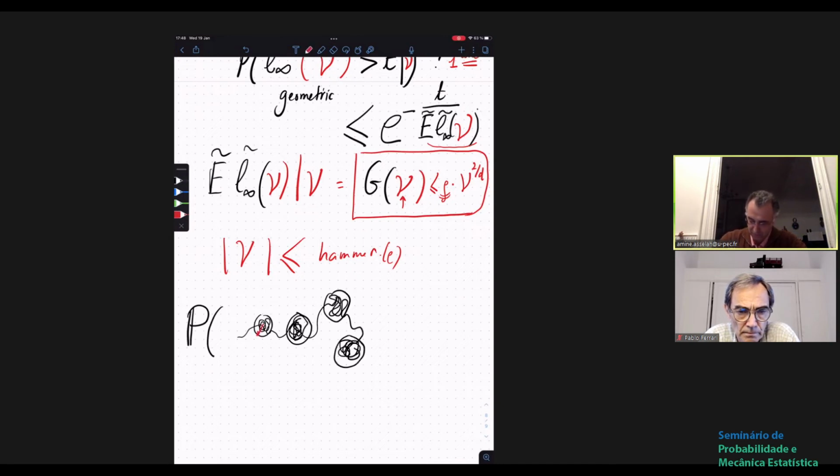All the balls are of radius r. You have k of them. You don't know where they are. You just know that one walk has this volume, but you don't know the shape of it. This is a random distribution of centers.